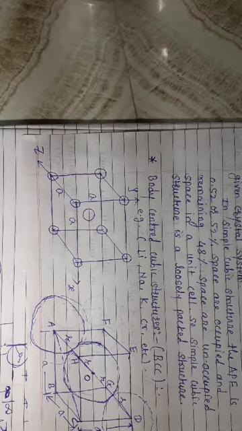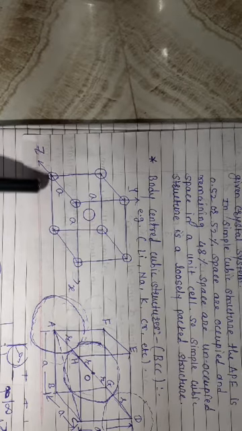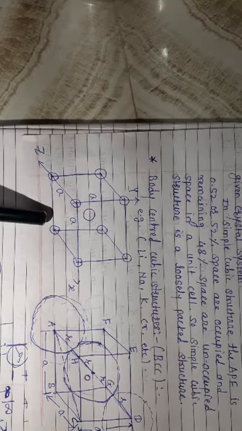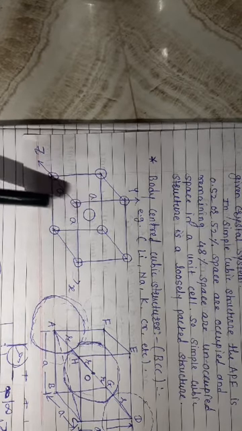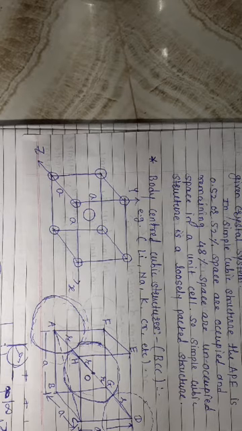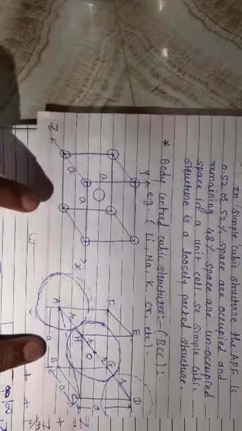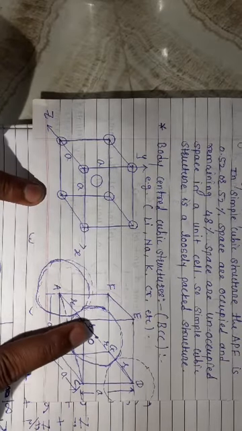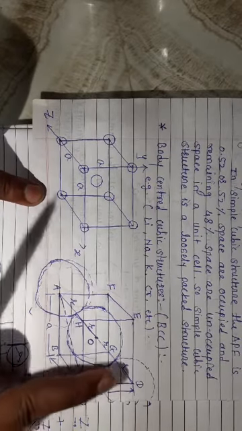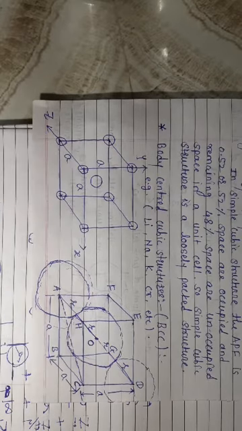This is the diagram for the body centered cubic structure. Eight atoms are situated at the 8 corners, and there is a single atom inside the unit cell. All the corner atoms touch the body centered atom. See another diagram here: these are the corner atoms and this is the body centered atom. These corner atoms touch the body centered atom.